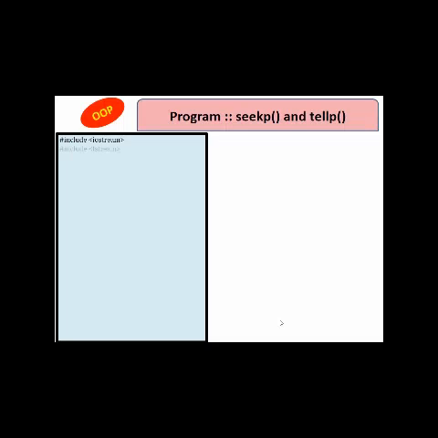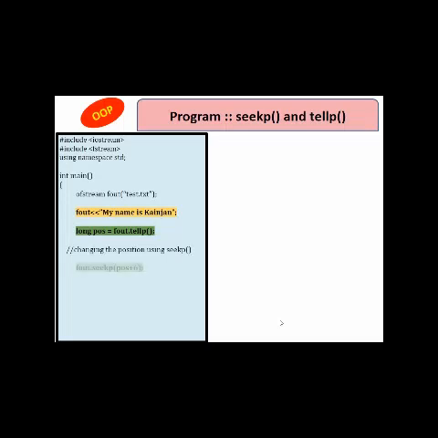So see a program where you are opening a particular file test.txt and writing certain text inside it, that is "my name is Kenjan". After that, I want to know, after writing "my name is Kenjan", what the position of my current put pointer is. So you can use tellp to get the position, and then after knowing the end position, I have added 6 to it, meaning I go 6 bytes ahead from my position, and then I start writing.